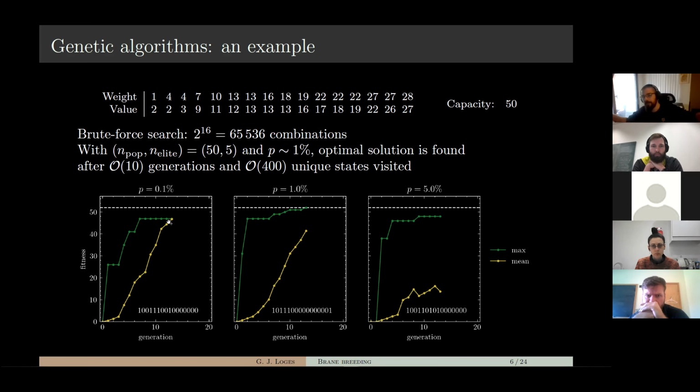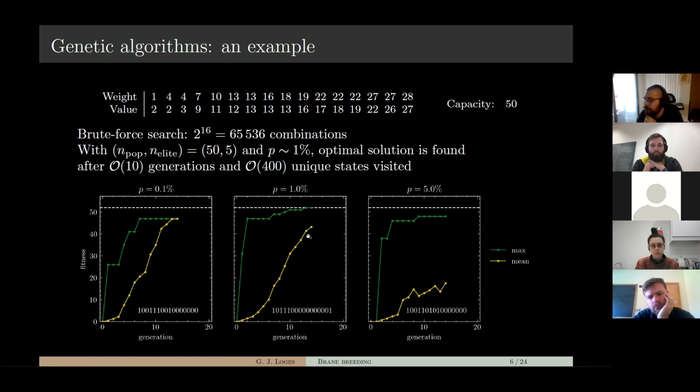So you have a population of identical individuals. This is not desirable. On the other hand, if your mutation rate is too high, then all of your individuals are too random and they're not making this incremental progress towards the maximal solution. Somewhere in between is a bit better, and indeed we see that the optimal solution is found around generation 12.